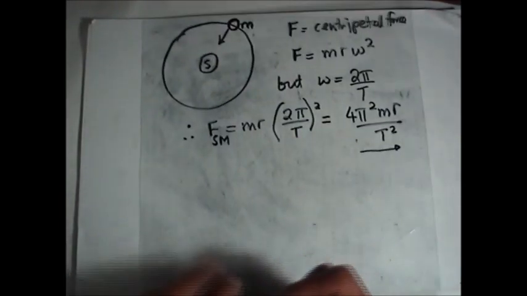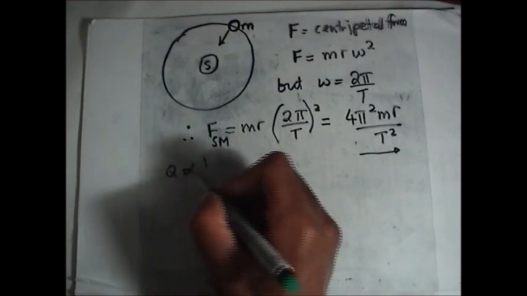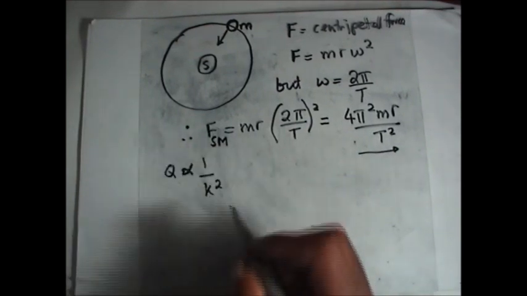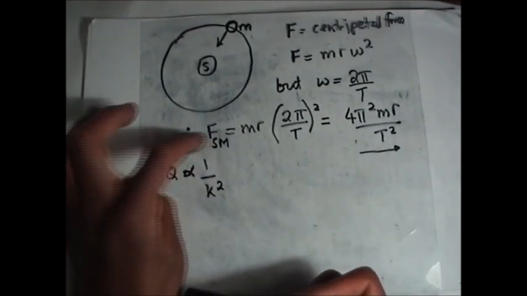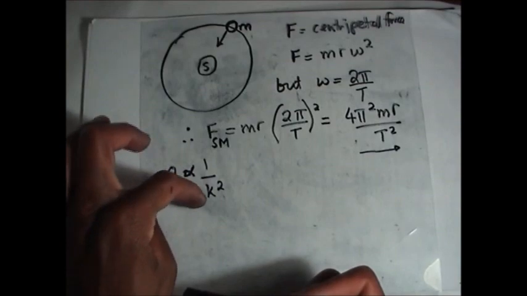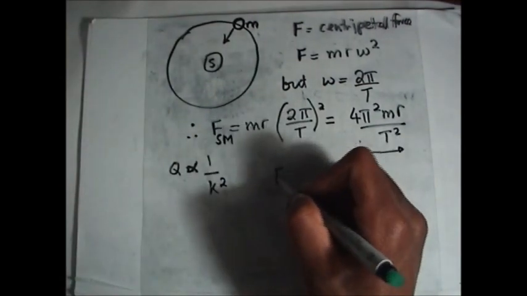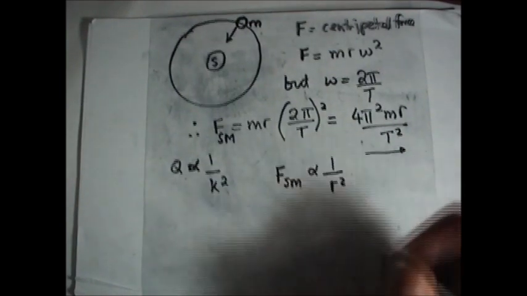An inverse square law basically says one quantity will be inversely proportional to the square of another quantity. So he assumed that this force is inversely proportional to the radius squared. That's the inverse square law. So his assumption was that this force F_Sm is proportional to 1 over r squared.